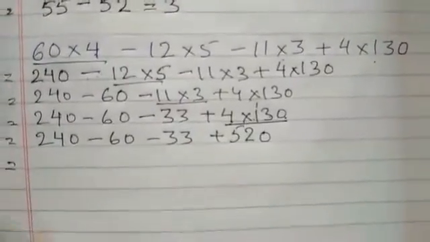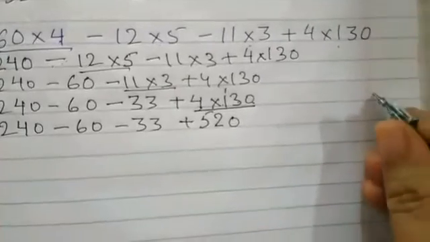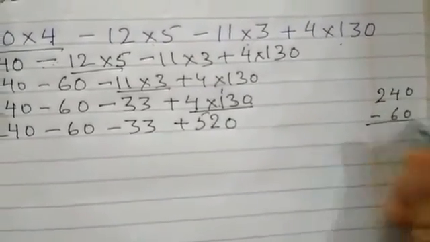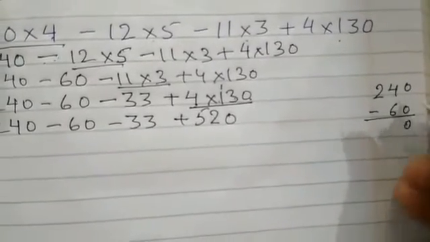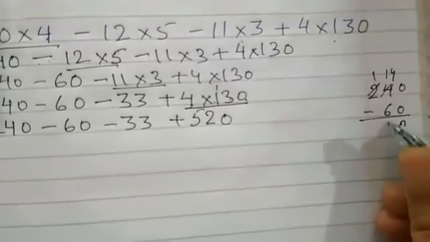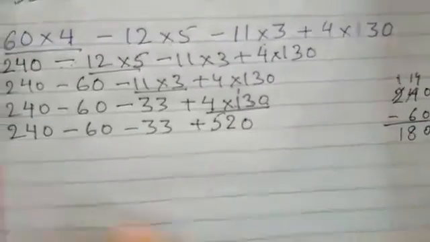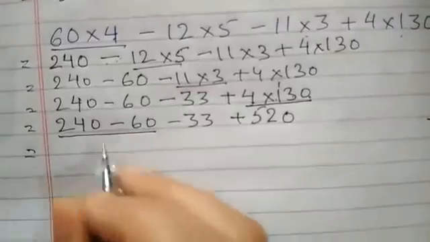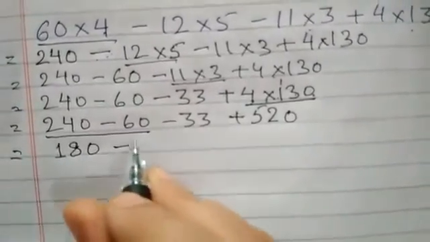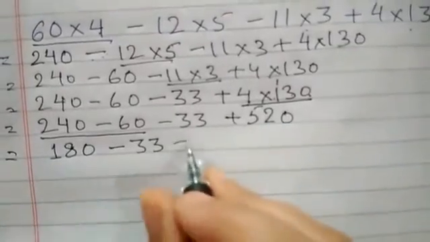Now addition or subtraction, which comes first? We can see subtraction comes first, so we subtract first. From 240 subtract 60. 0 minus 0 is 0, borrow 1, it becomes 14, 14 minus 6 is 8, so 180. We write 180 minus the remaining as it is.